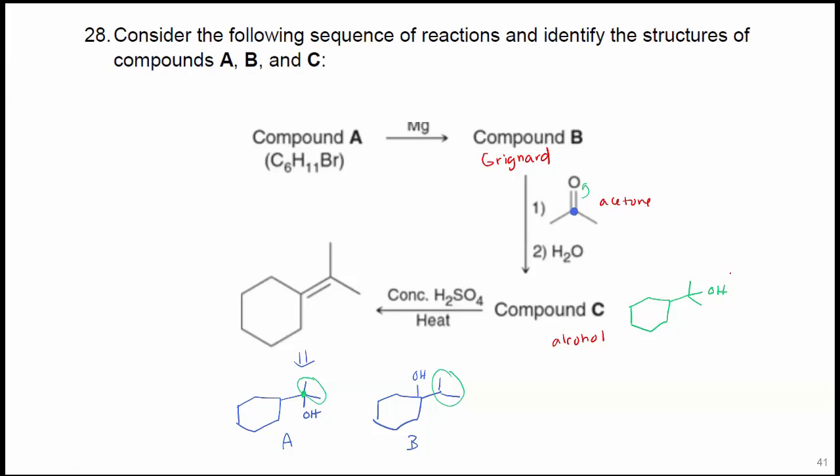If we know now that this part of the structure came from the acetone in B, our Grignard reagent should be that one right there, magnesium bromide. And then from A, we're just inserting a magnesium there, so this should be bromocyclohexane. All right, any questions on how to get those ones?